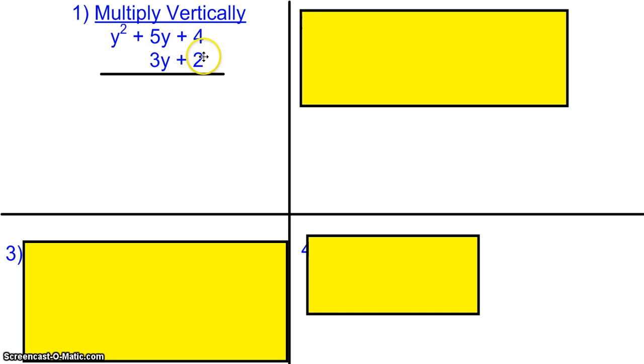So we could say 4 times 2 is 8, and 5y times 2 is 10y, right? And the 8 is positive, so let's put a plus sign here. 10y is also positive, so we now have y squared times 2, and that leaves us with 2y squared, right?